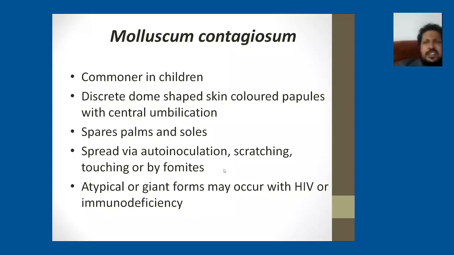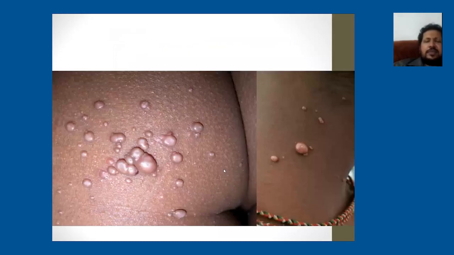Fomites are inanimate objects which can spread the infection, for example, furniture, doorknobs, etc. Now, usually if you get giant forms or atypical forms, especially in the face or genital area, you have to suspect whether the child could be having STDs or immunosuppression like HIV. So you have to think of that as well, especially in the buttocks or groin, if you get large giant lesions. Just have that at the back of your mind as well.